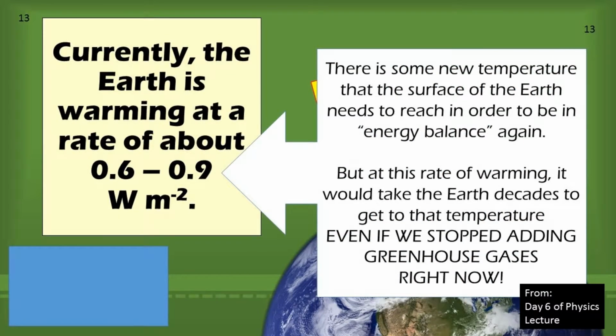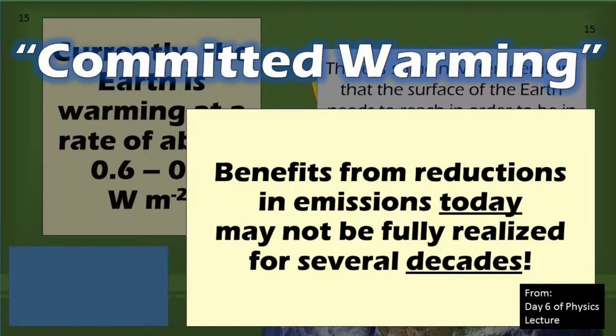We know that the Earth is currently warming at a rate, based on observations, of 0.6 to 0.9 watts per square meter. So there is some new temperature we're going to reach where we will then be in some new equilibrium, but we're not there yet. We have some committed warming between now and then, where even if we walked away from the Earth right now and stopped having greenhouse gas emissions and so on, the planet would keep warming and not achieve that new equilibrium temperature for several more decades.